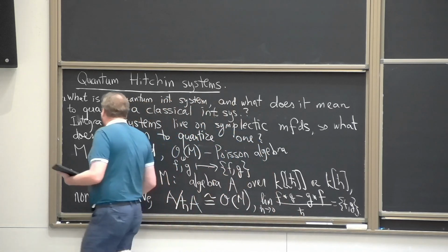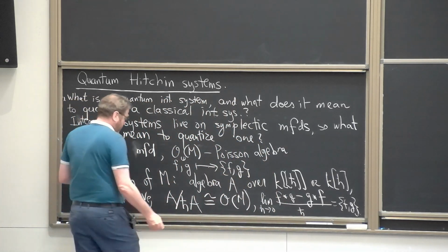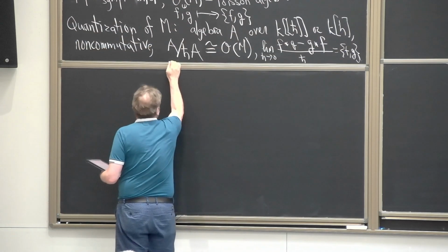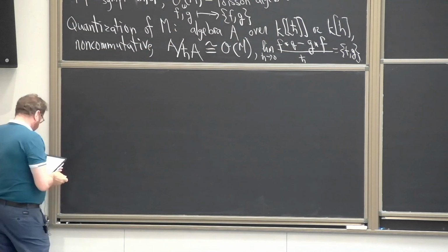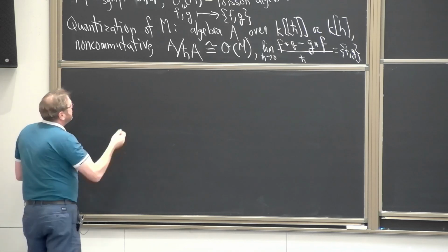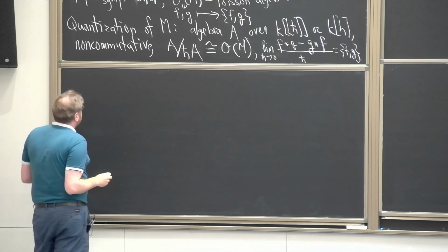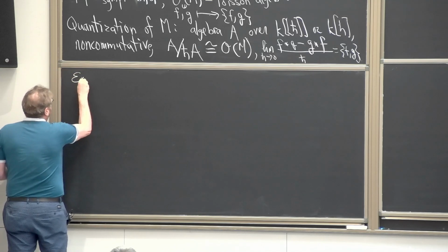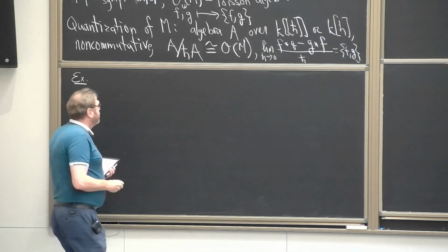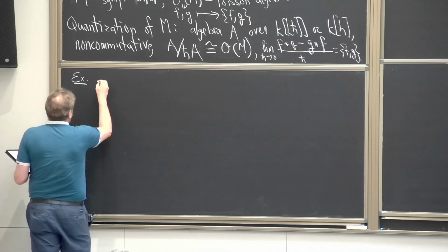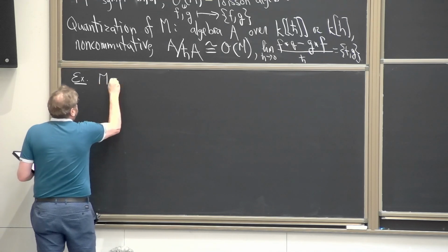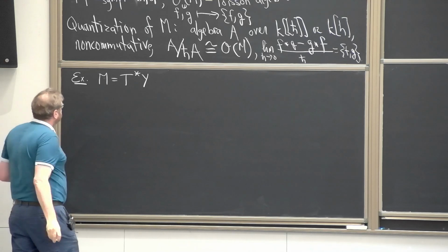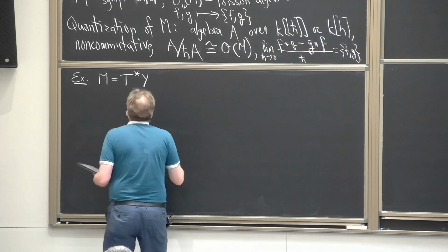I'm being very sloppy about this. There is a big theory here that a separate course could be dedicated to, but I'm just giving it for the purposes of motivation. So that's what I mean by quantization of a symplectic manifold. An example of this is, if M is the cotangent bundle of another manifold Y, then there is a very simple way to quantize it.